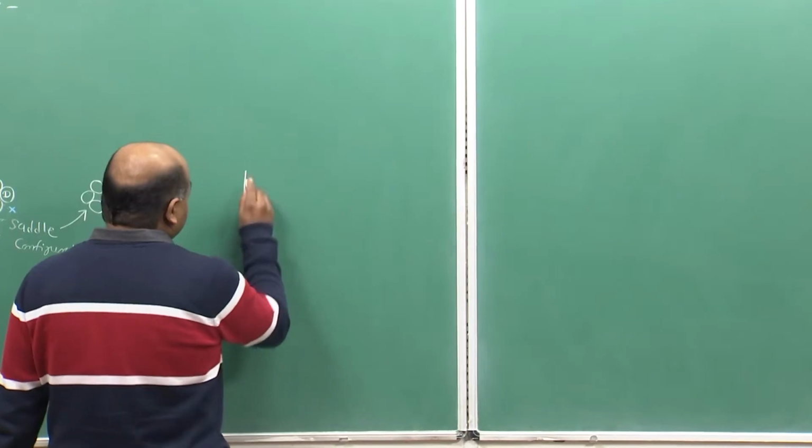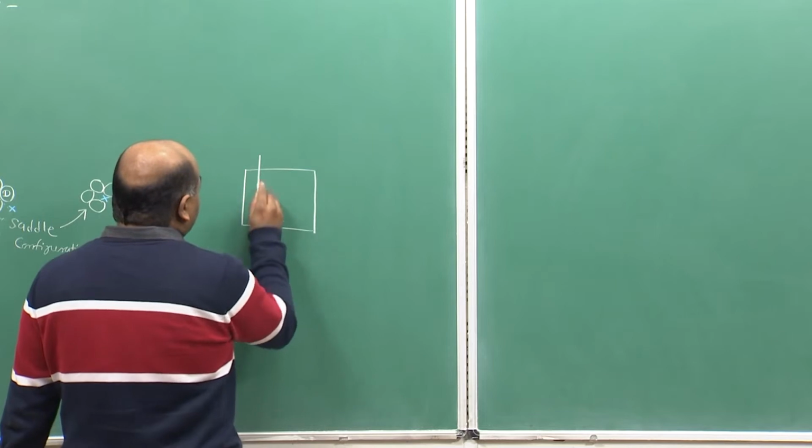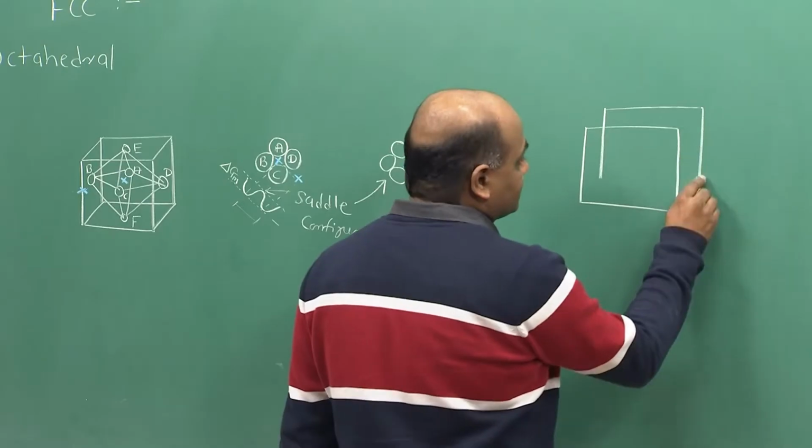Similarly, there will be tetrahedral interstitial sites in FCC, those lie along the body diagonals.